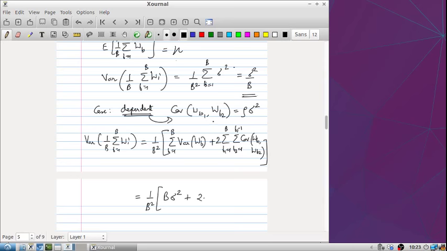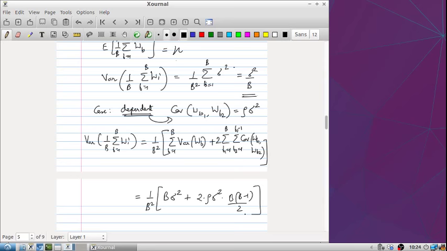I just assumed it to be that way. There's B1, B2, but it's a constant for any B1, B2, so I'll take it out since it doesn't depend on the summation. So I'll have 2 times rho times sigma square times the summation, which turns out to be B times (B minus 1) by 2.